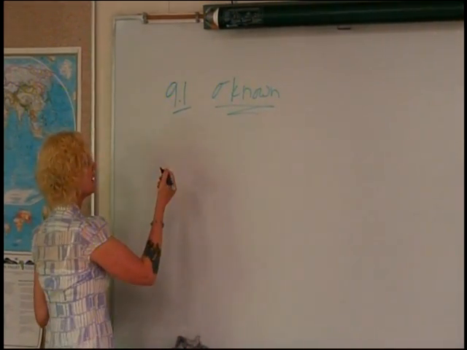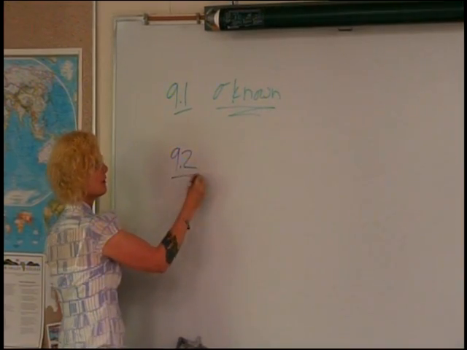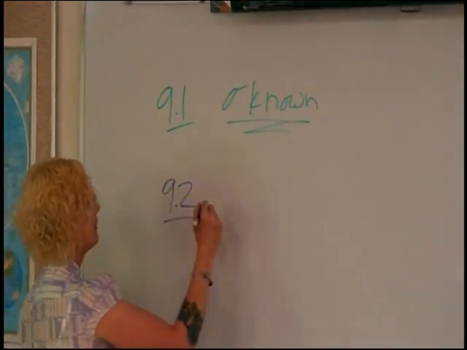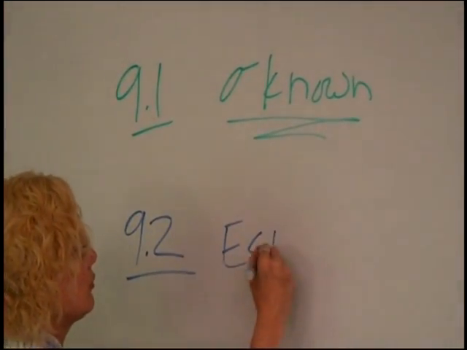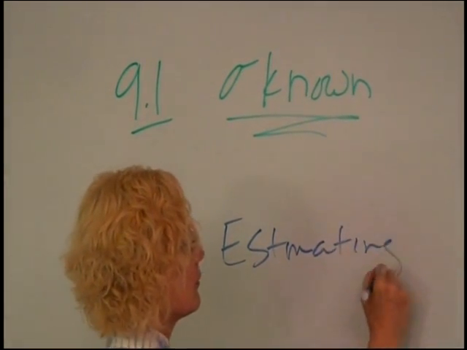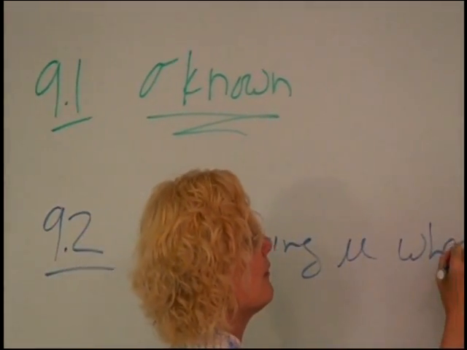So in 9.2, we have the more realistic case, and that's estimating mu when sigma is unknown.